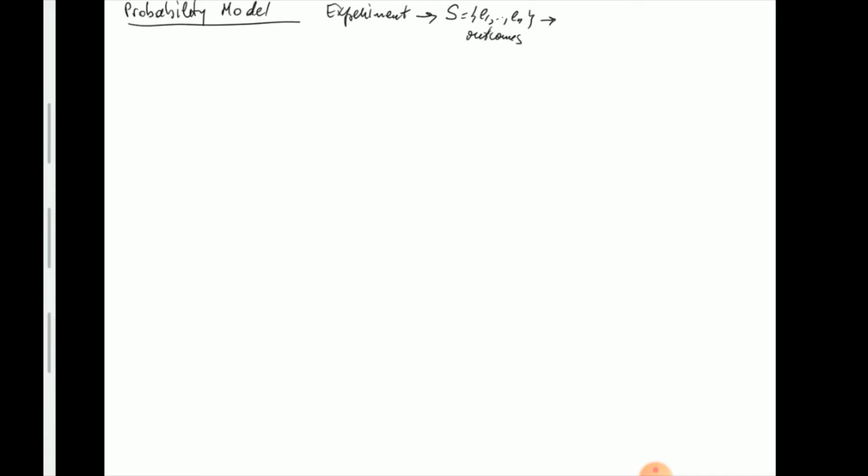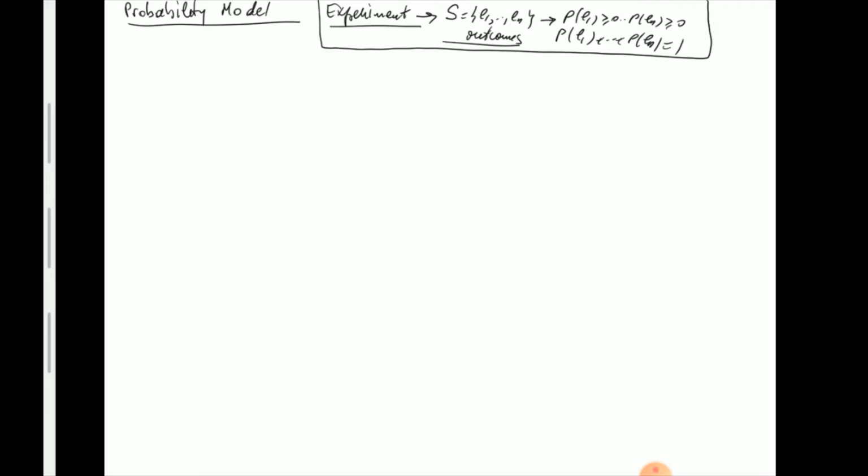We assign probabilities to these outcomes such that the sum of these probabilities is equal to 1 and each of them is positive. So this is what constitutes in mathematics a probability model: experiment, sample space, assignment of probability for each outcome.